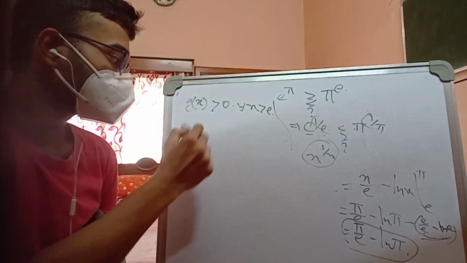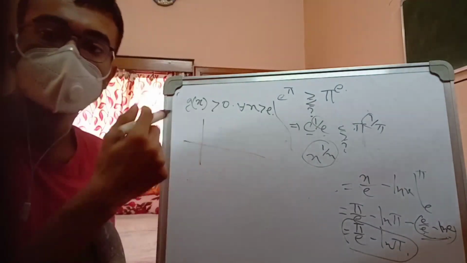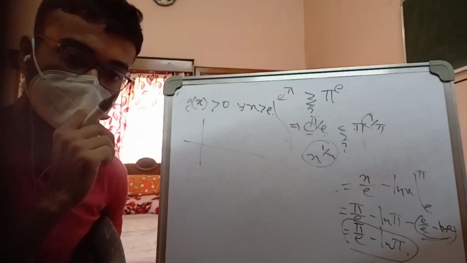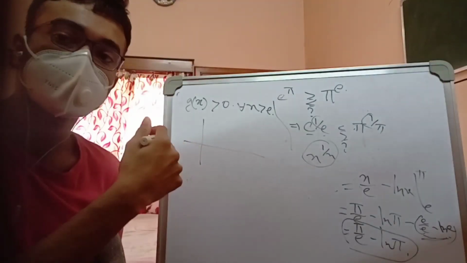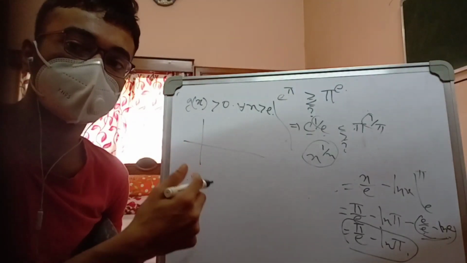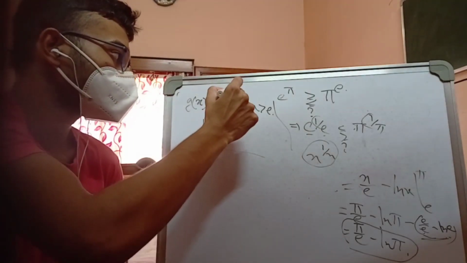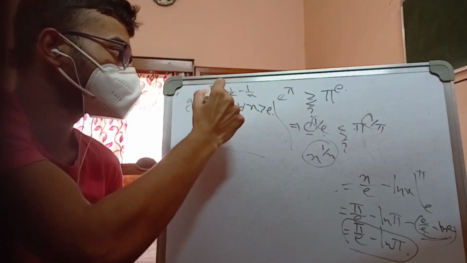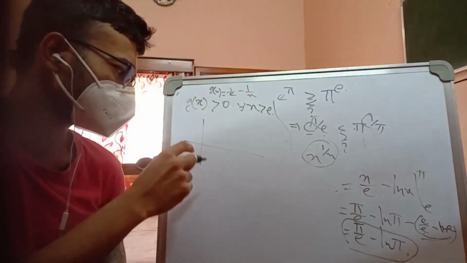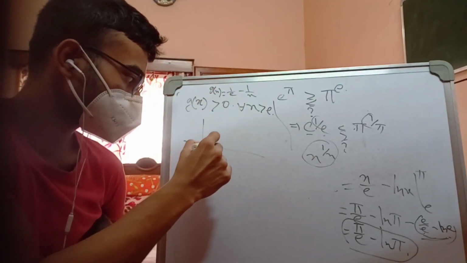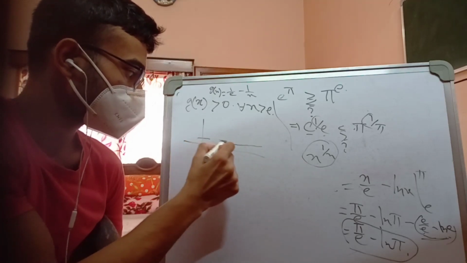Integration is the area under the curve, so if a curve is always positive, its integration or area should always be positive. Actually 1 by e minus 1 by x, which is g of x, has a graph looking like this.